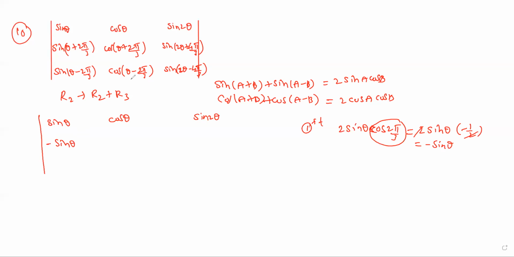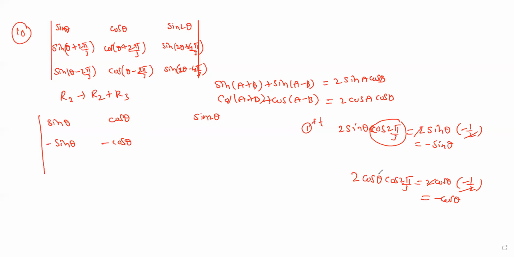By adding cos of A plus B plus cos of A minus B, we get 2 cos theta into cos 2 pi by 3. Again 2 cos theta into cos 120, which is clearly minus 1 by 2. This is minus cos theta.